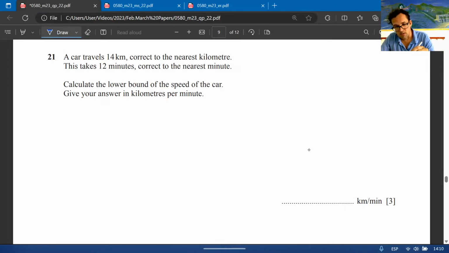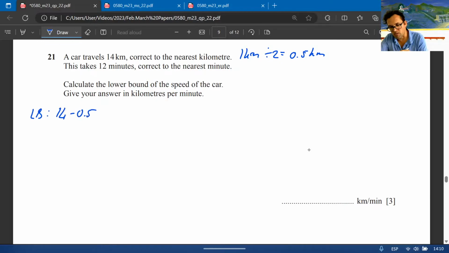So you take that 1 kilometer, you divide it by 2, you get half a kilometer. That means the lower bound for that vehicle could have been 14 minus a half kilometer, 13.5 kilometers. Or the upper bound, you add that.